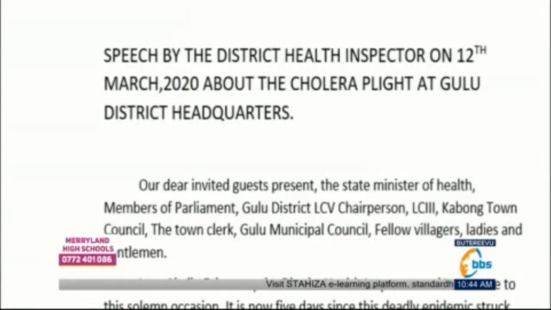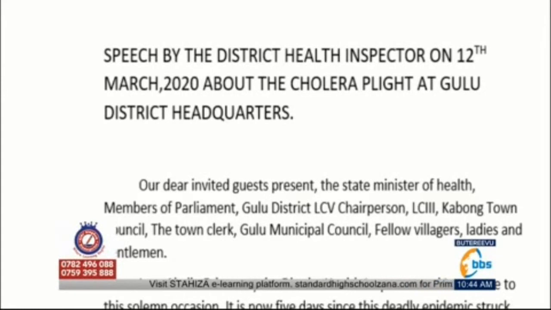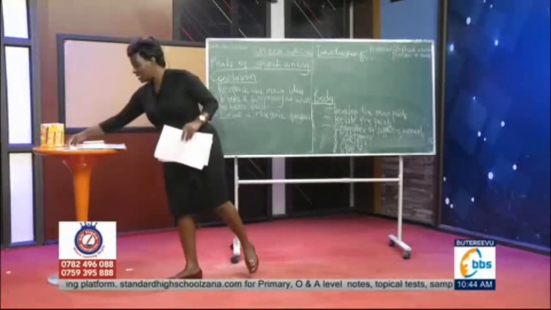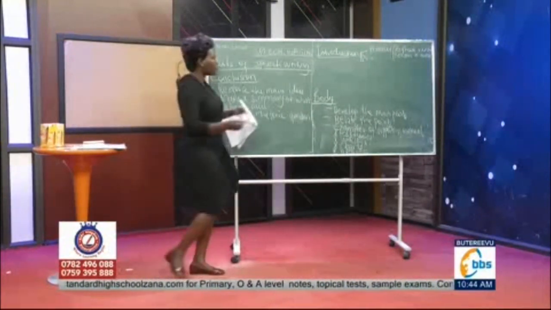And then in the introduction, we are respecting protocol. Maybe what I have not indicated here, I could give an example here. Sometimes there are different ways in which people respect protocol.